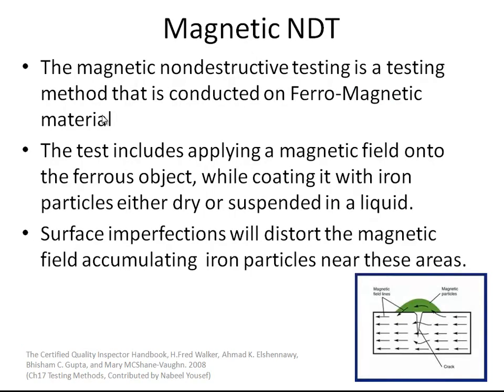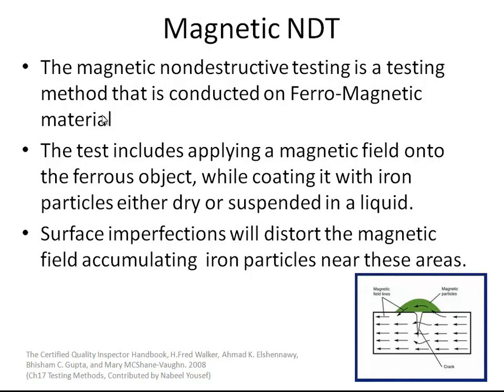As another example of the magnetic electric non-destructive testing, we have the magnetic particle testing, which is a type of testing that is conducted on ferromagnetic material. When we say ferromagnetic material, that means it can be magnetized due to their atom properties, such as iron, nickel, cobalt, or some of their alloys. The test includes applying a magnetic field onto the ferrous object while coating it with iron particles, either dry or suspended in a liquid.